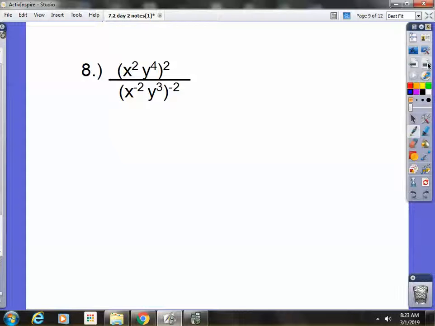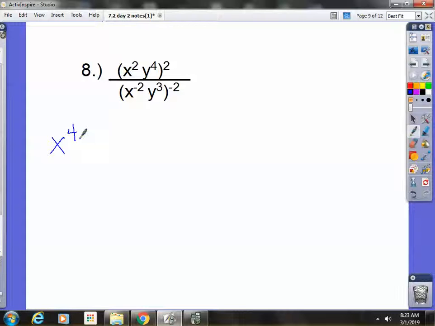We have outside exponents, don't we? Okay. We have to take care of exponents before division, according to PEMDAS. So let's square everything here in the numerator. So what is x squared squared? Power to power, we would multiply. 2 times 2 is 4. So x to the 4th power. Still in the numerator, y to the 4th squared.